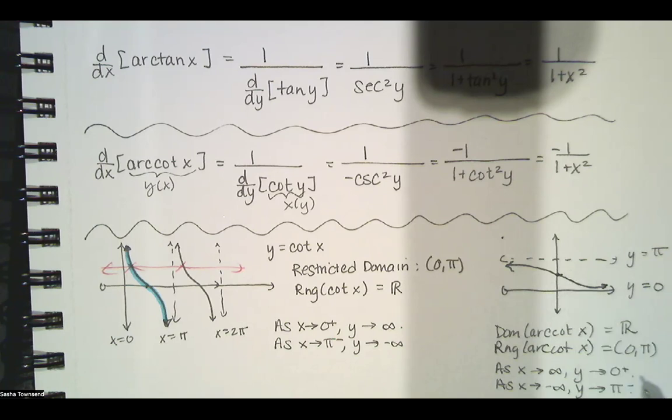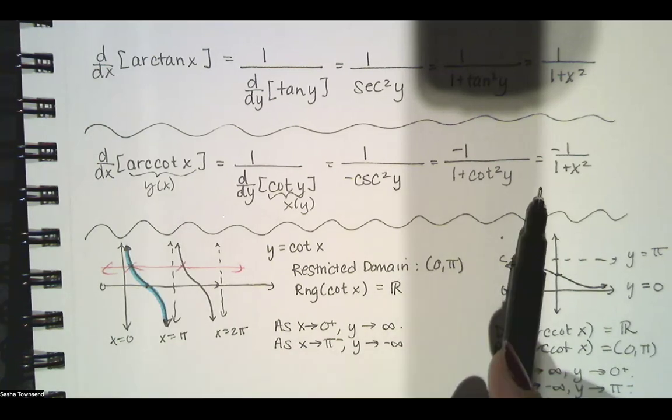We're used to just talking about approaching a number from the right or the left in the domain. But in principle, it's the same. This is just saying we're approaching pi from values that are less than pi. And here we're approaching 0 from values that are slightly greater than 0. Okay, and that's our derivative.